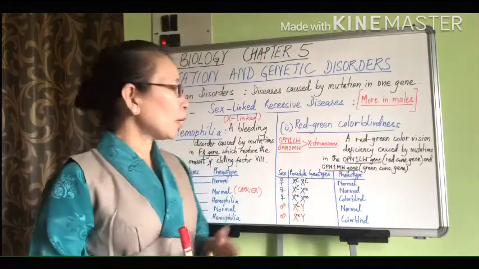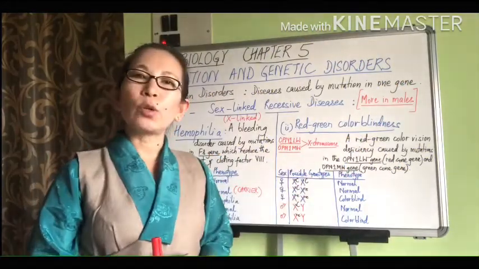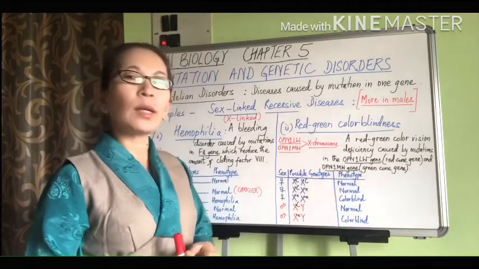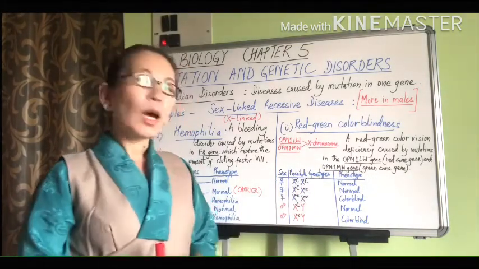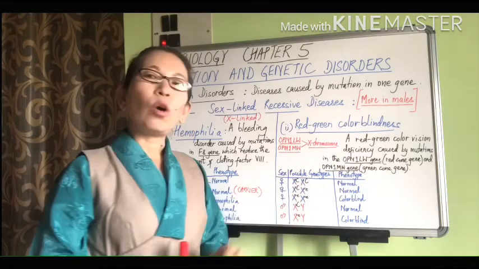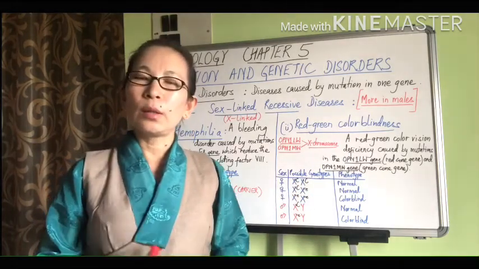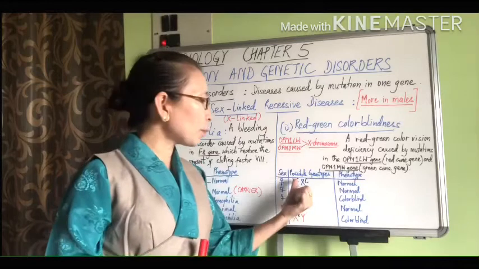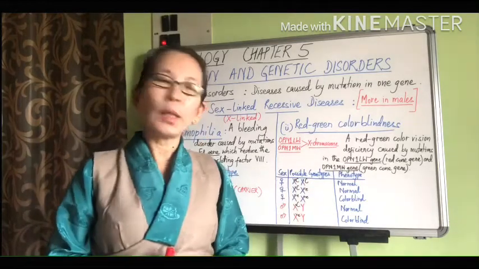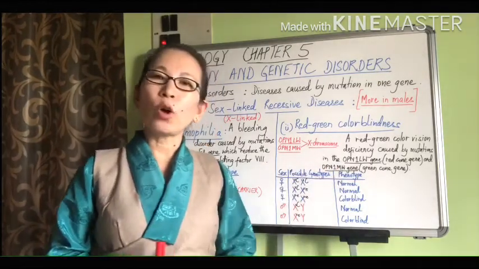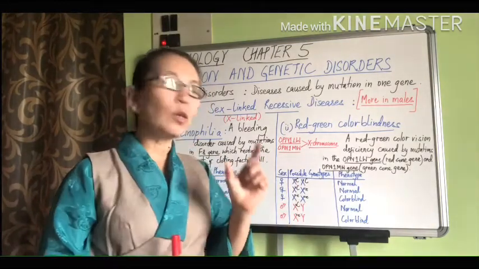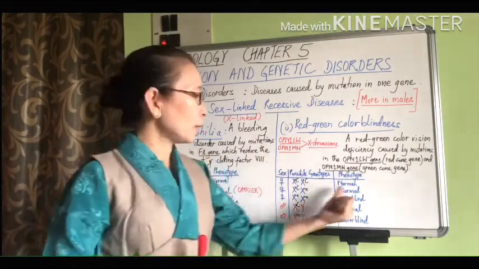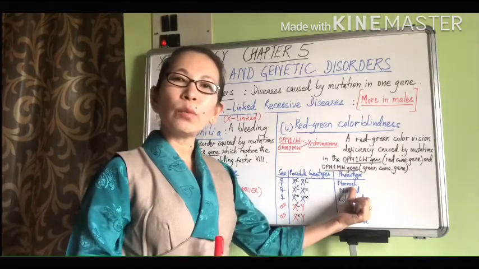So now when we look into the pattern of inheritance of red-green color blindness, what we see is females having 2 copies of the normal color gene, which is capital C, capital C. So capital C denotes the normal allele. So females who have capital C on both of their X chromosomes show normal color vision.